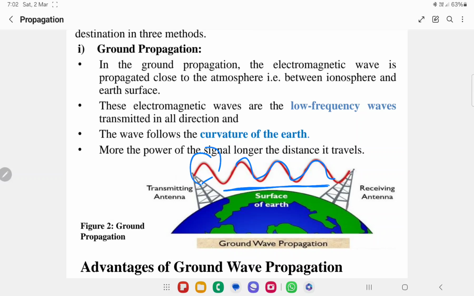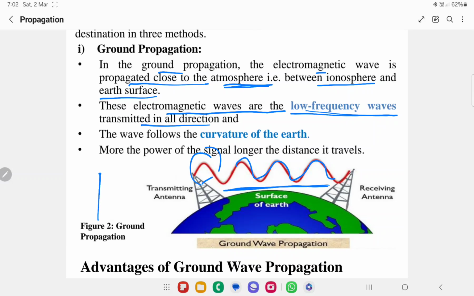In ground propagation, the electromagnetic wave propagates close to the atmosphere, between the ionosphere and the earth's surface. Next, the electromagnetic waves propagating through ground propagation are low frequency waves and they can be transmitted in all directions.